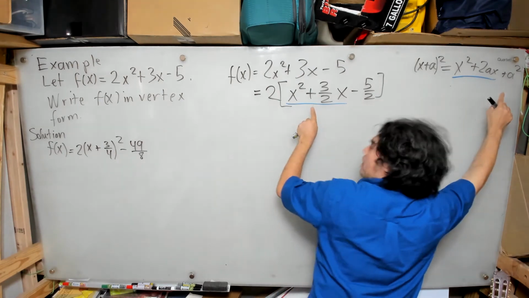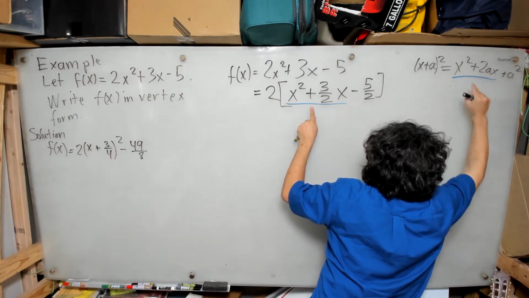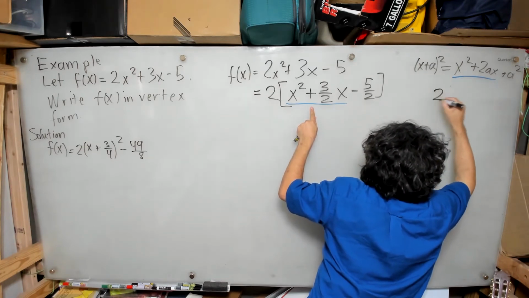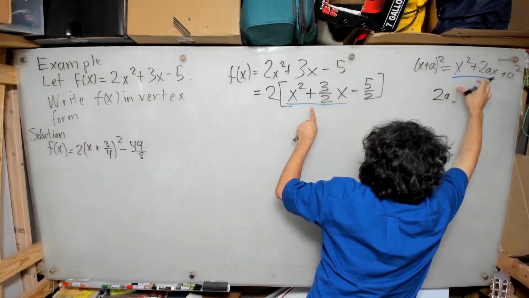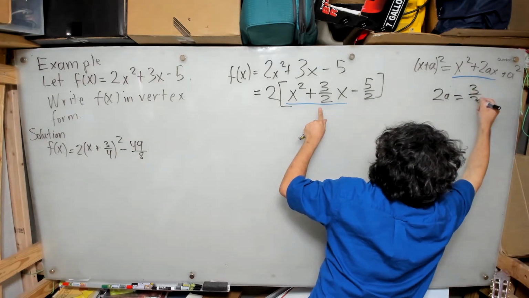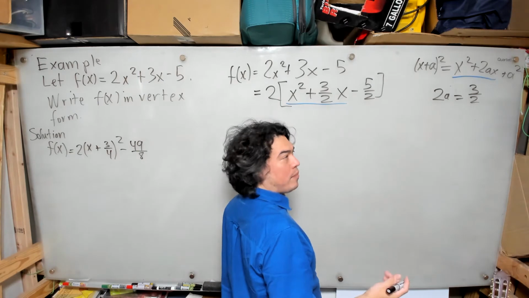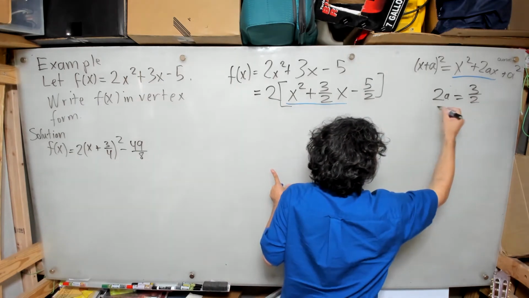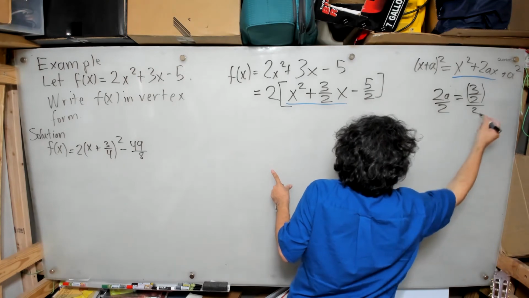The only way that x squared plus 3/2 x is going to match x squared plus 2ax is if 2a is equal to 3/2. And I can make that happen by solving this equation. I divide by 2 on both sides.